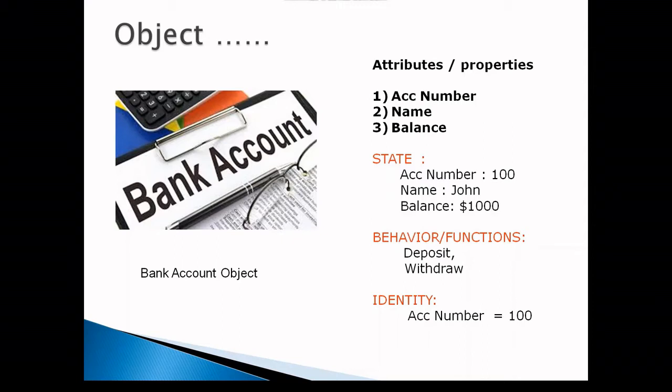Suppose I have account number 100, I can say that I have an account in a bank and my account number is 100. So the bank can identify me through the account number. This is one of the important properties of objects: identity. It distinguishes an object from all other similar objects.